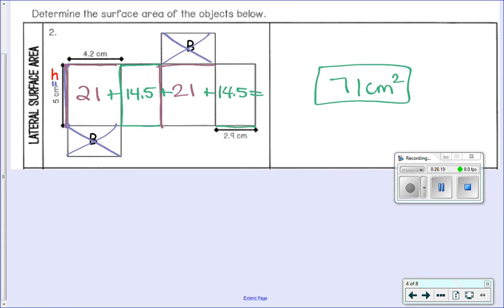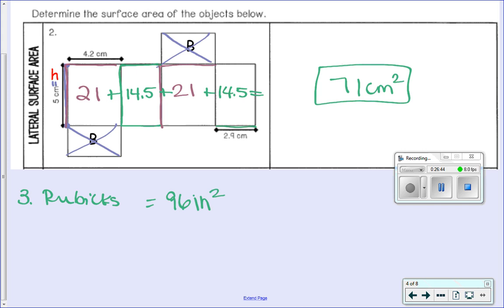All right, so you had a Rubik's Cube, right, on the second page, number 3. Okay, so number 3, the Rubik's Cube, you should have got 96 inches squared. Are we good with that? Because one face is 4 by 4, which is 16.